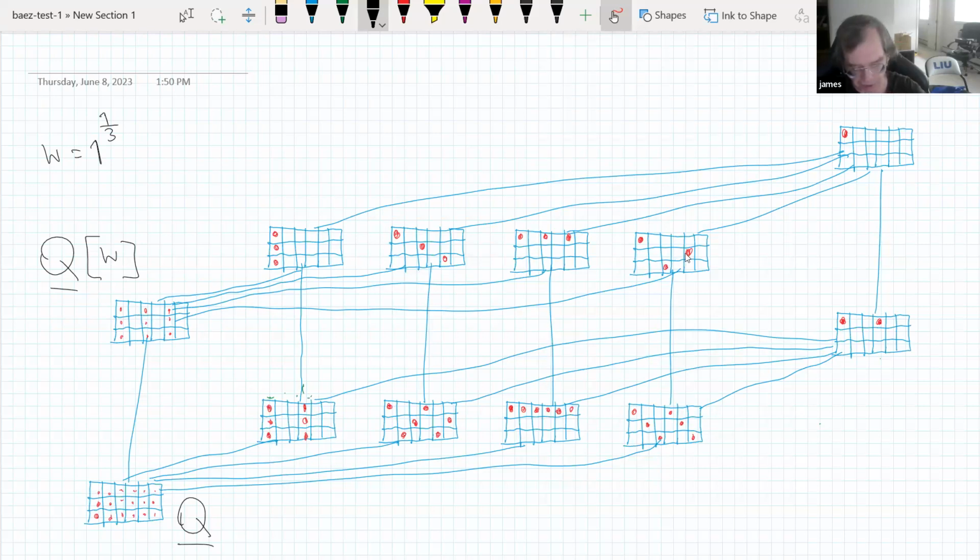The next higher row has six-dimensional extensions of the rationals, which are three-dimensional extensions of the Eisenstein field. Then this is a nine-dimensional thing, and this is an 18-dimensional thing. We even have some purpose for these, but that was all from last week.